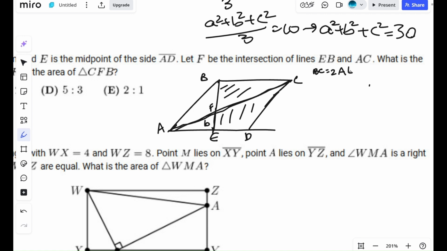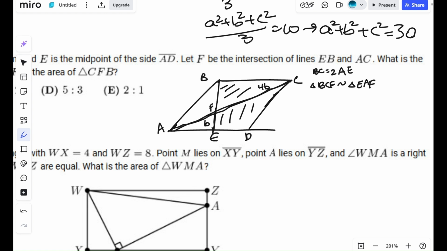Right, so we know that triangle BCF is similar to triangle EAF through angle-angle similarity because AE is parallel to BC. And because AE is half of BC, the area of BFC is going to be 4 times the area of AFE, which is 2 squared.